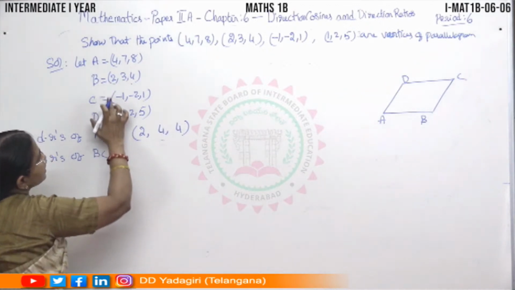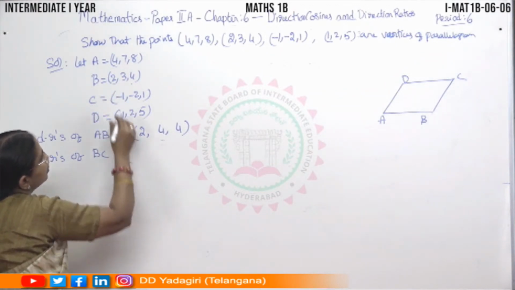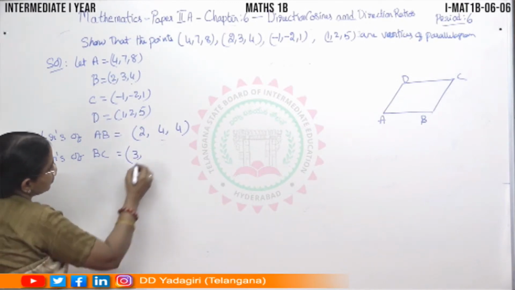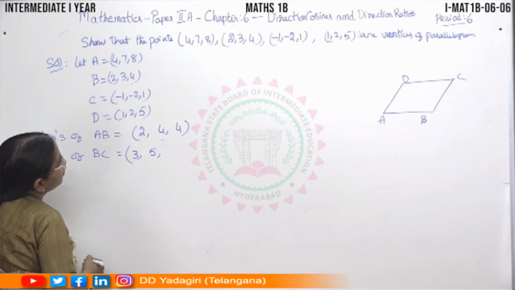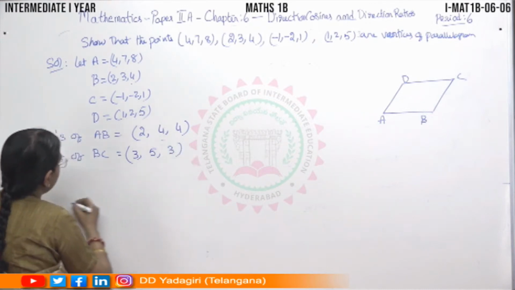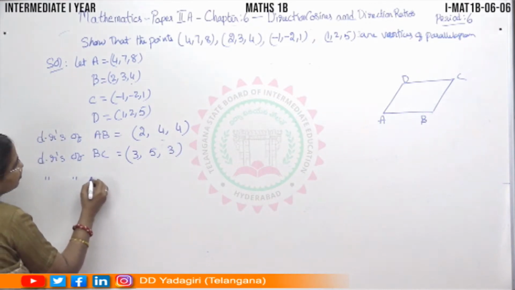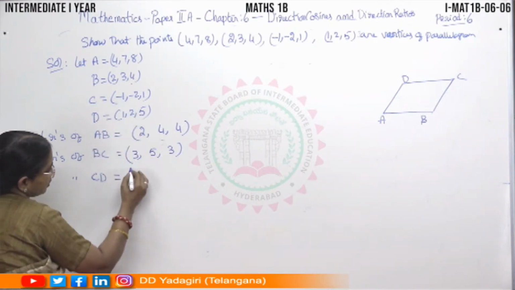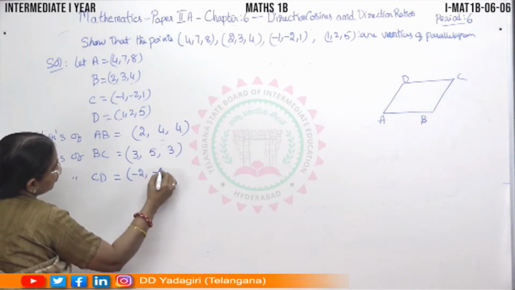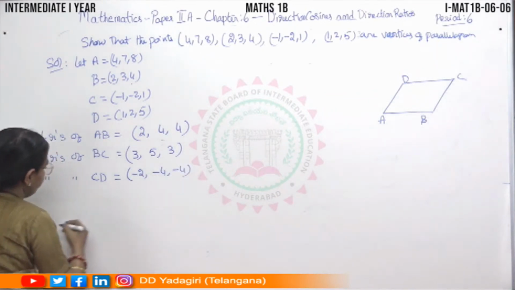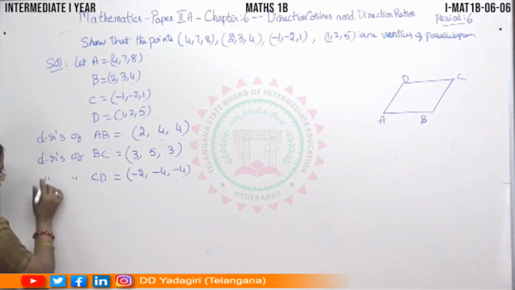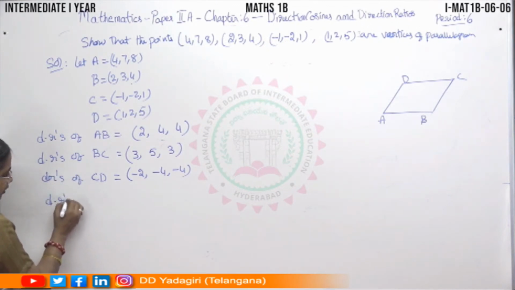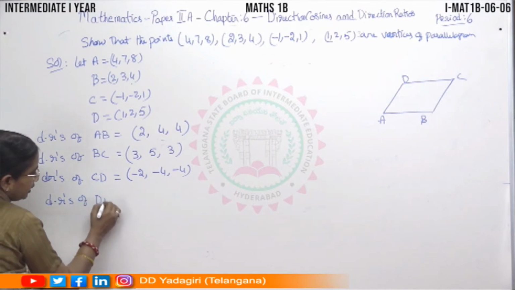Okay, then let it be BC. What are the direction ratios? 2 plus 1, 3. And then 3 plus 2, 5. And then 4 minus 1, 3. Now the direction ratios of BC are 3, 5, 3. Next is CD. CD is -1 minus 1, -2 minus 2, -4, and then -4. And then we'll find the direction ratios, the DRs, of CD and then DA.